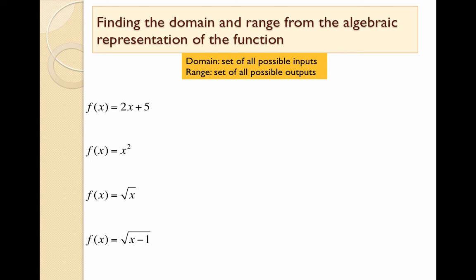What we're asking ourselves is, for what values of x is our function defined? So looking at the first example, f(x) = 2x + 5, are there any values for x that you could put in there that you would not be able to calculate an output for? Well, no, you could put in anything you wanted and you'd be able to calculate an output.